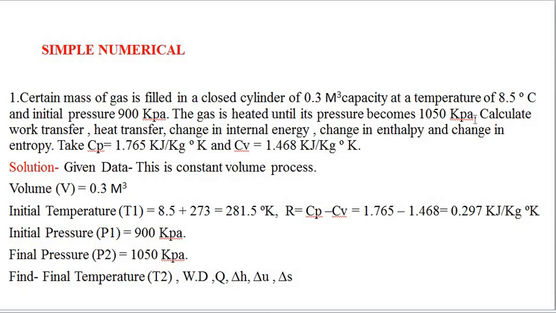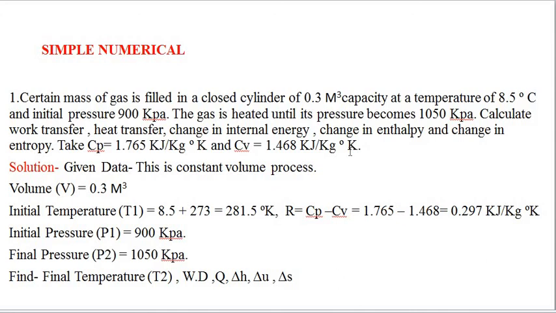Calculate the work transfer, heat transfer, then change in internal energy, change in enthalpy and change in entropy. Take Cp is equal to 1.765 kilojoule per kg degree Kelvin and Cv is equal to 1.468 kilojoule per kg degree Kelvin.